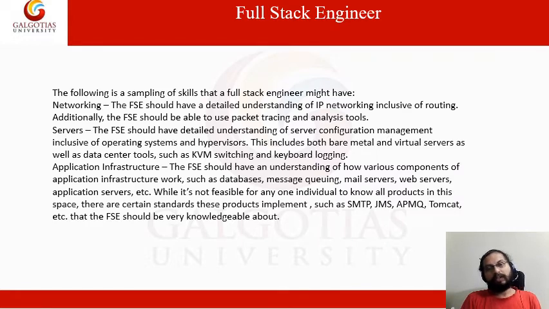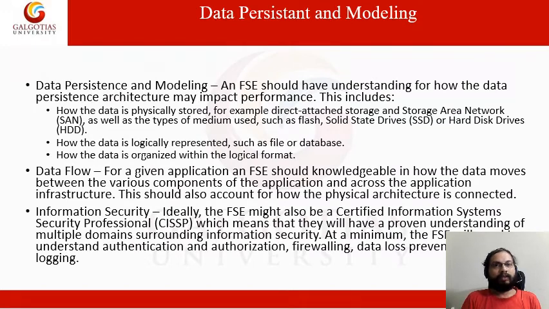The application infrastructure we are currently running includes SMTP, JMS, APM and Tomcat. These are the local servers installed in that particular system, and we are going to gain knowledge about all these application infrastructure components as we go through the strategy.